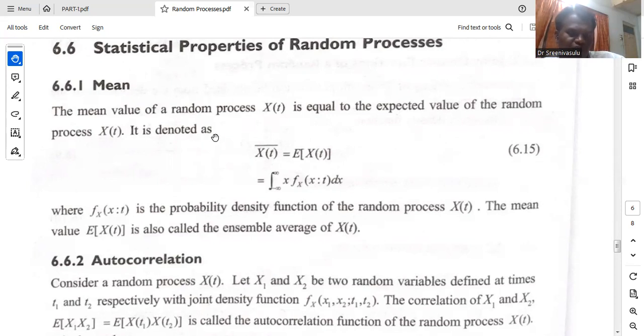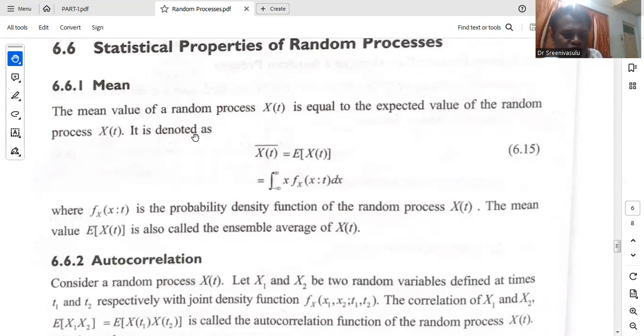Now coming to the random process x of t, for this random process x of t, we are going to calculate the mean value. So as usual, the mean formula from the random variable concept, that mean formula we are going to apply here.